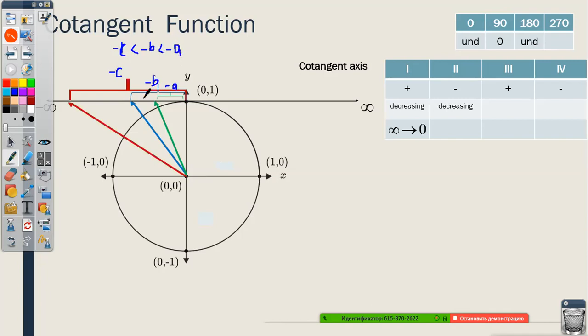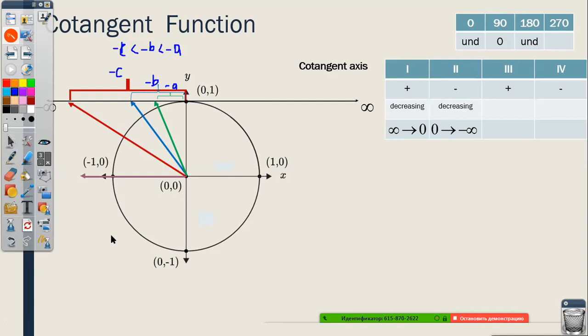So that's why cotangent is again decreasing. It's approaching minus infinity. And again at 180, the angle and the cotangent axis are not intersecting, so that's why it's undefined. So in the second quadrant, cotangent is negative and it's decreasing. It's going from 0 to minus infinity.